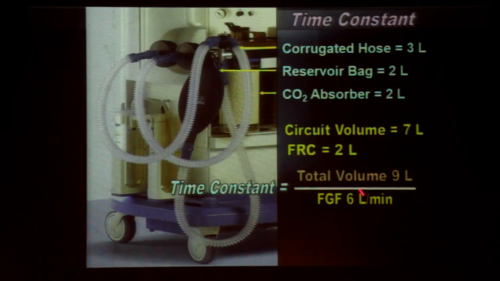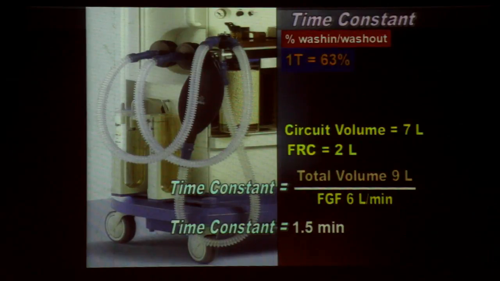And if you set a fresh gas flow of 6 liters per minute, then your time constant would be 1.5 minutes. That is, in 1.5 minutes, you will be able to achieve 63% concentration of the agent in the lungs. Right? So that is what it will mean. But if you want to achieve 86% of the concentration, then it has to be 2 time constants.